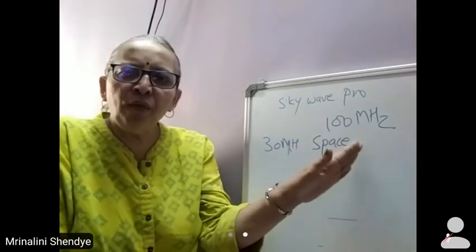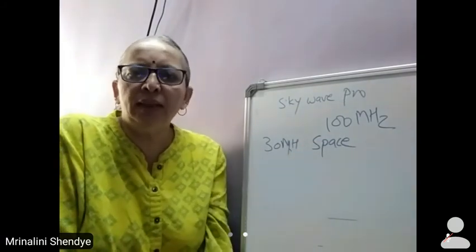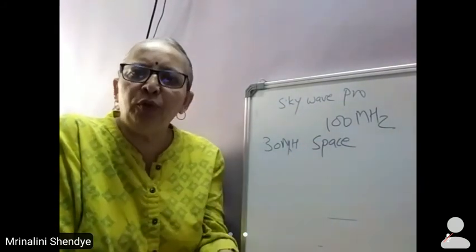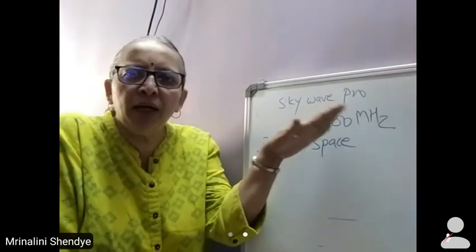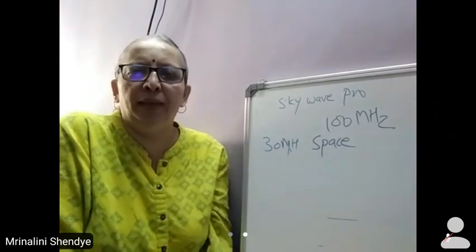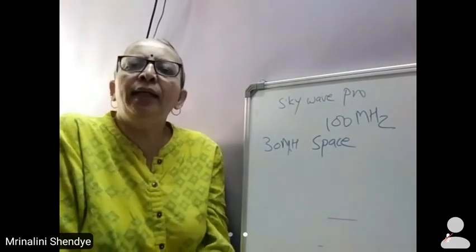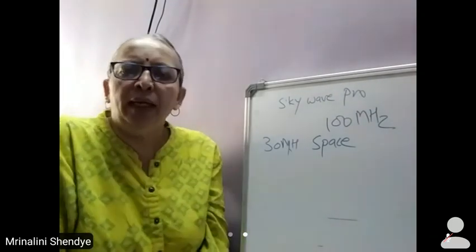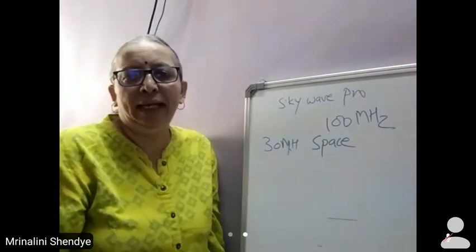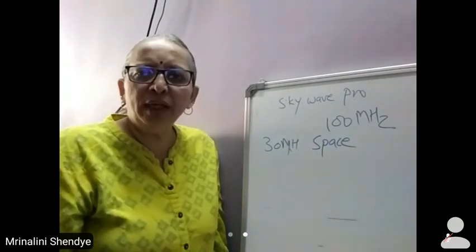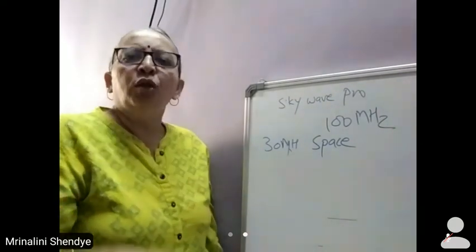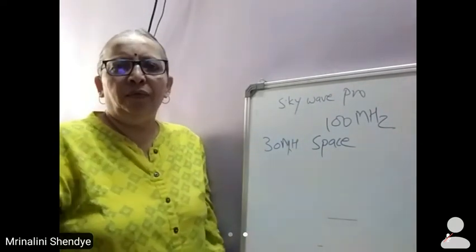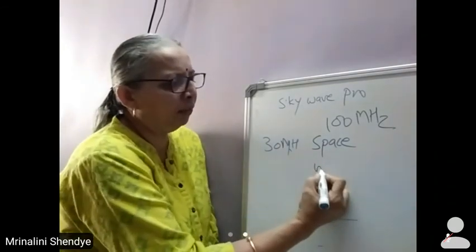So radio waves of different frequencies are used in communication using different modes of communication. And the last way to communicate is through satellite. So for satellite communication, we still use super higher radio waves along with microwaves.